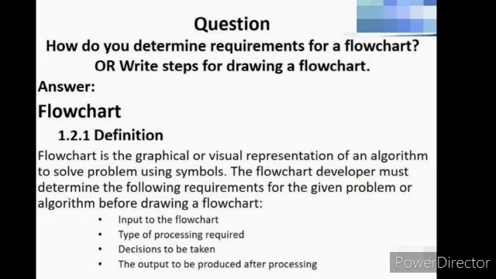First one is input to the flowchart. Second one, type of processing required. Third one is decisions to be taken. And number four is the output to be produced after processing.